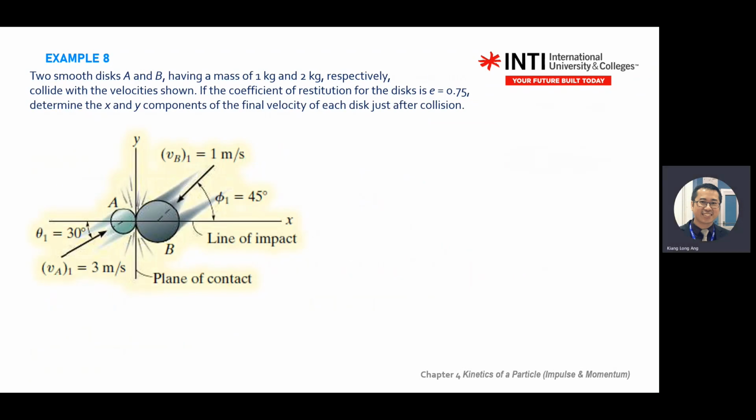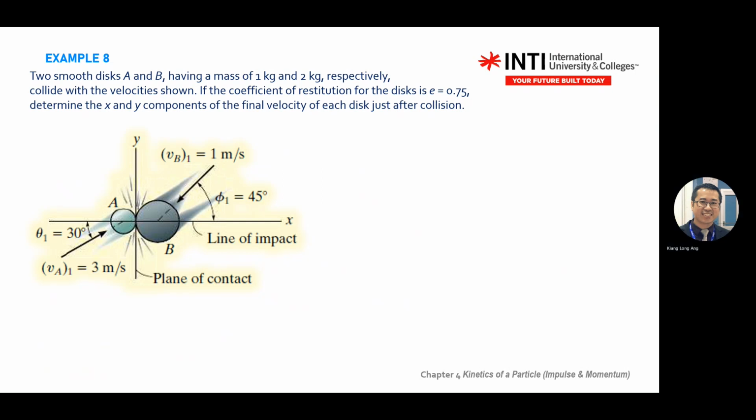Example 8 is oblique impact. So it starts from a certain angle, A with given VA, and B comes with a certain angle. VB comes with a certain angle, but above the x-axis. And then you need to find what happened after, right?